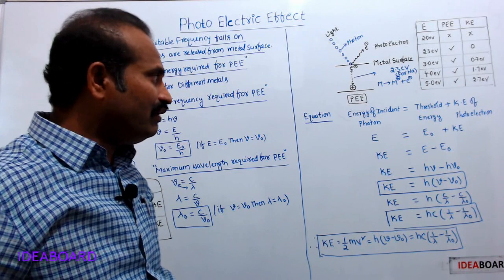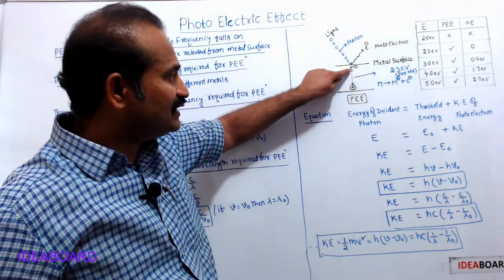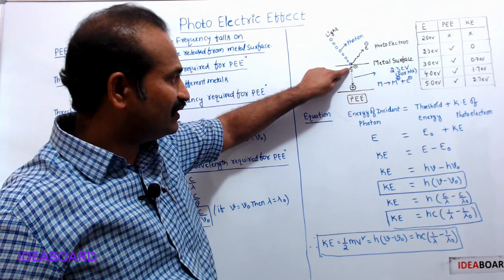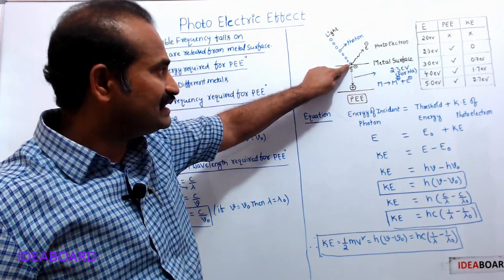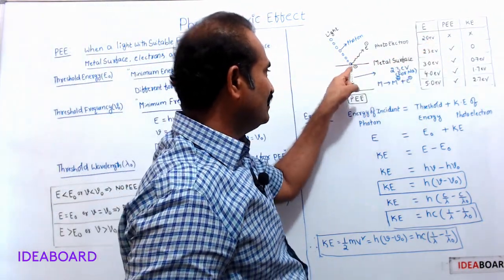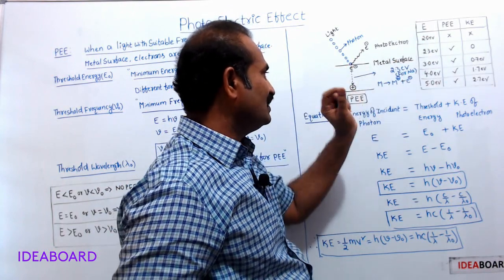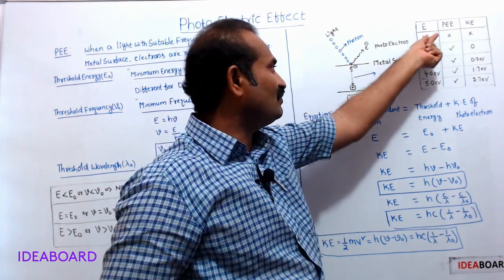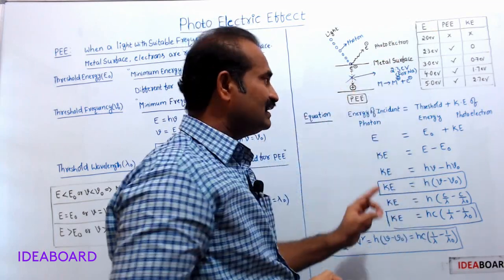Now suppose we supply energy to this electron in the form of a photon. Here the incident photon energy is 2 electron volts. This 2 electron volts is not enough to break this attraction.